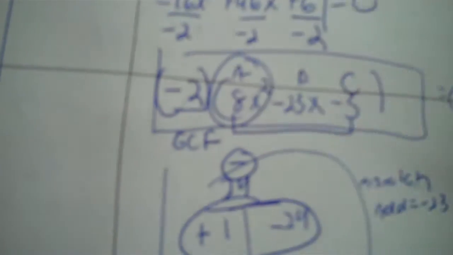And you put your plus 1 and your minus 24. Now what's your A? Go look up your A. It's 8x squared. So we know we go x and x, then we go 8 and 8. Now 8 and 1 is just 1, so I just drop that. Now put that 8x plus 1 right alongside your 2.